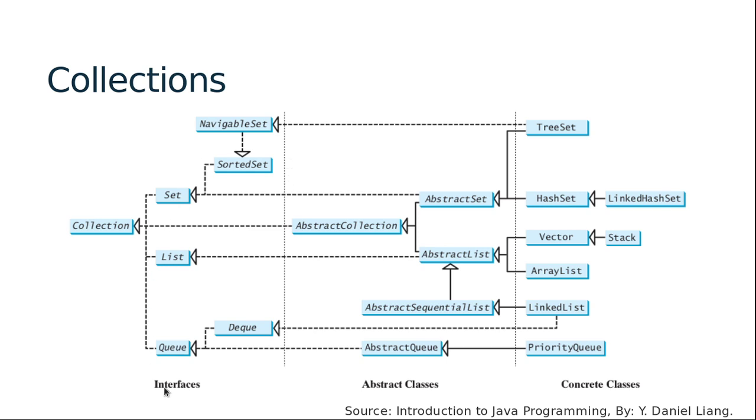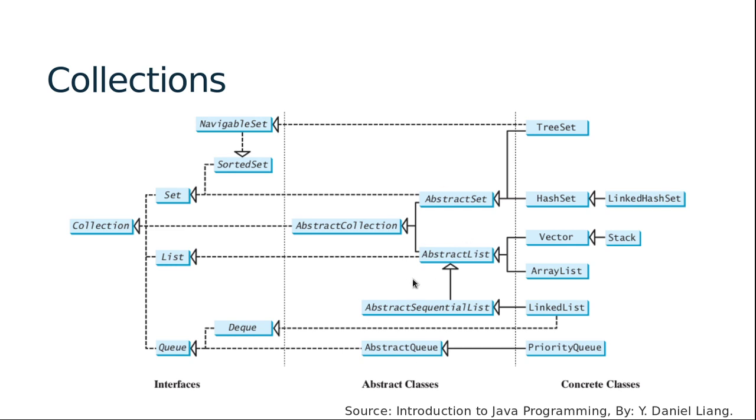A few interfaces implement the Collection interface, more specifically related to data structures, like Set, List, or Queue. There are a few abstract classes which implement these interfaces, either directly or indirectly.